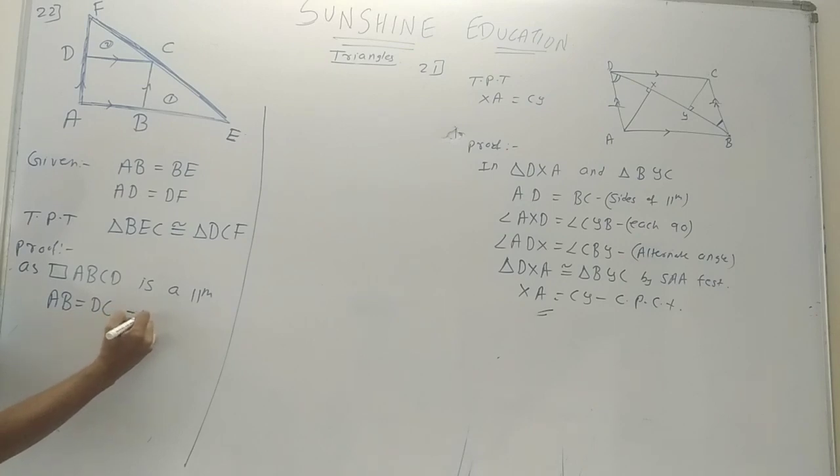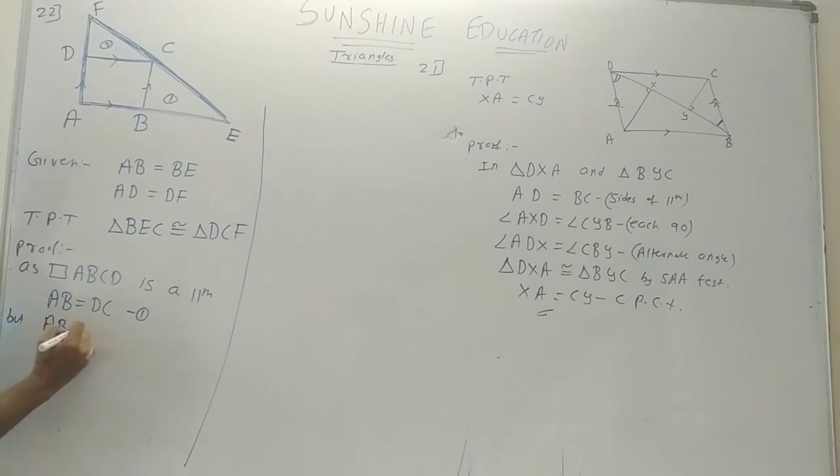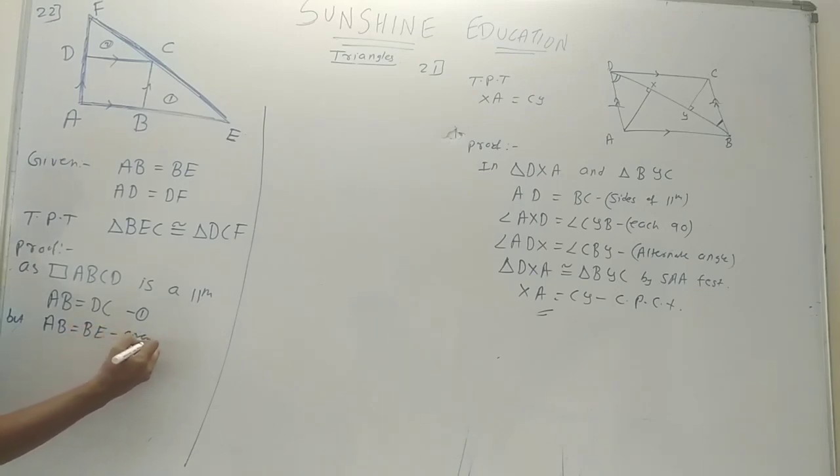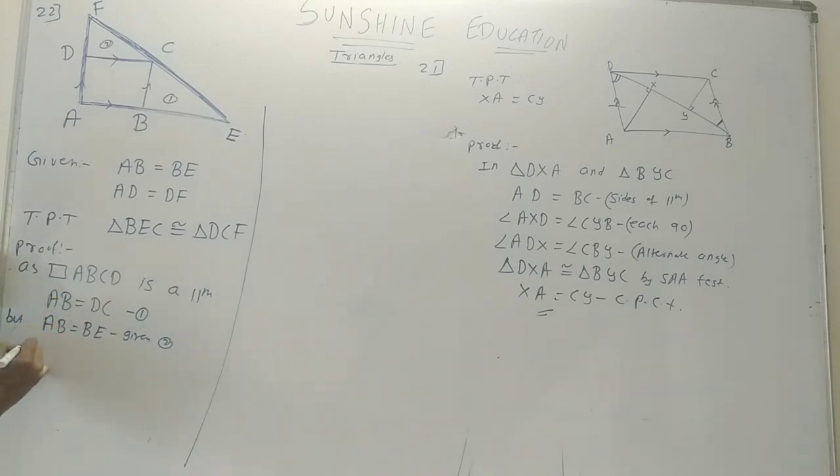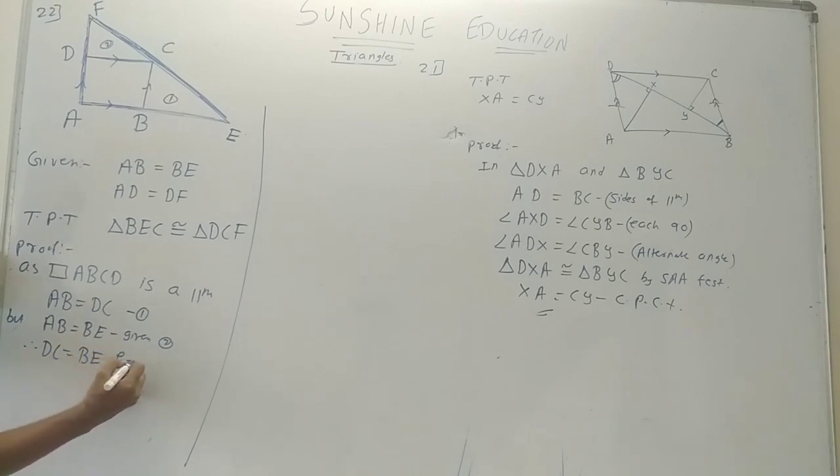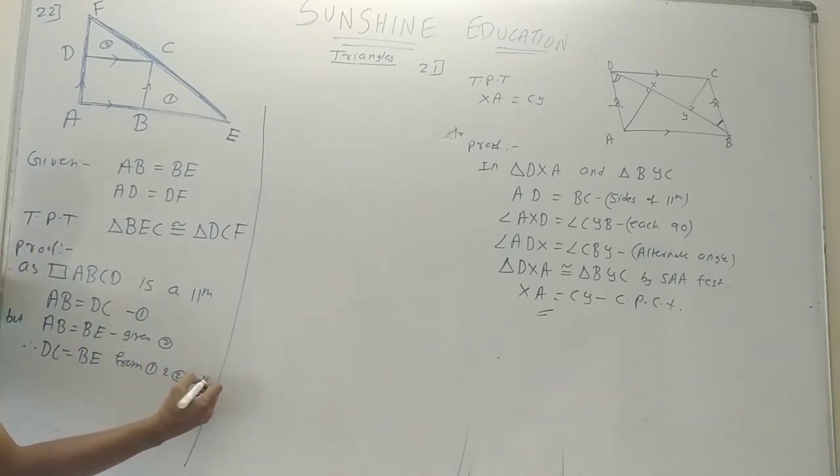Number one. But AB is equal to BE, which is given, number two. So AB is cancelled. Therefore, we can say that DC is equal to BE from 1 and 2. I give this as number 3.